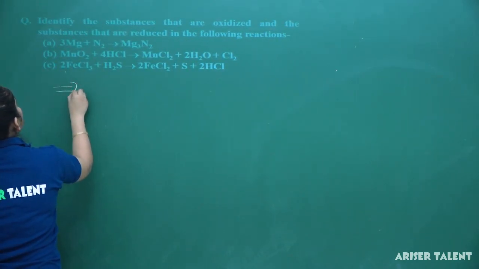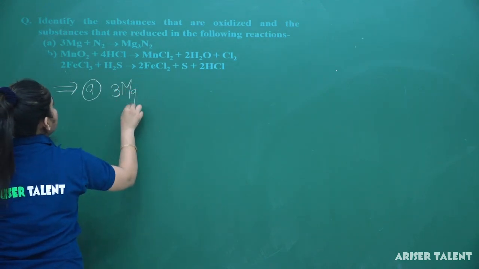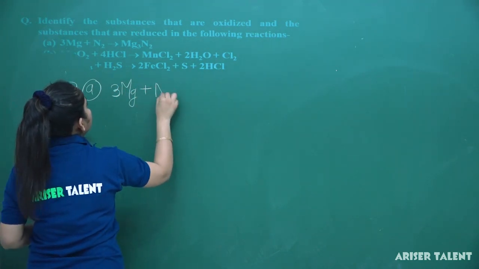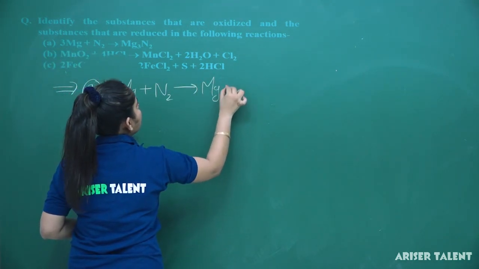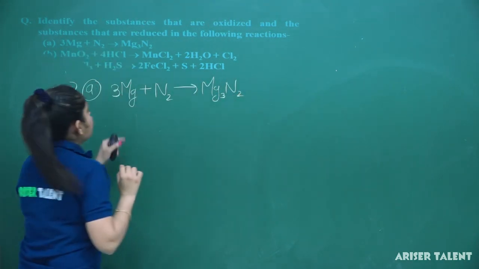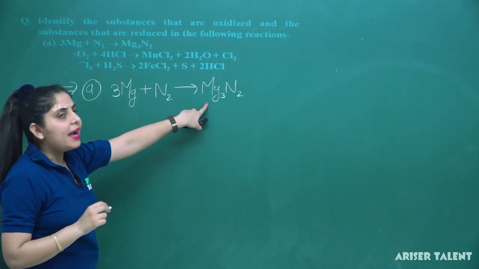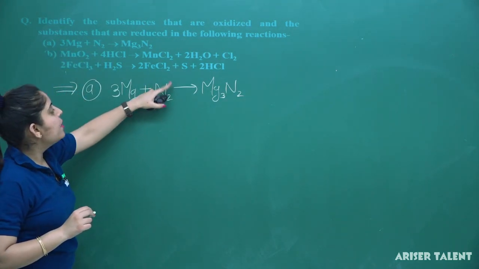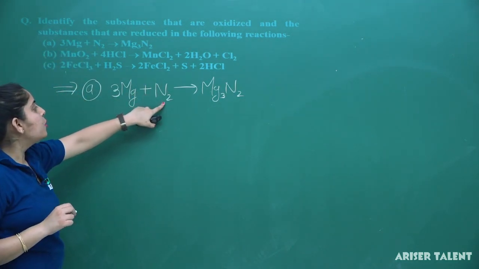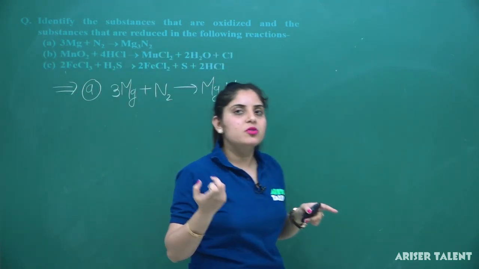So our first equation is 3Mg plus N2 reacts to give Mg3N2. So what happens in this case? We have N2 given here and N2 is added to Mg and we will get the product that is equal to Mg3N2.